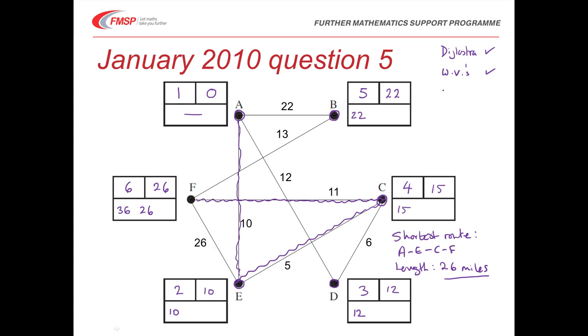A third mark is for getting the orders correct. In other words, you've boxed the vertices and the top left numbers are all correct. And lastly, the actual distances from A to each vertex, that is the labels, are correct. So there's your 4 marks, plus 1 for stating the route and 1 for stating its length.